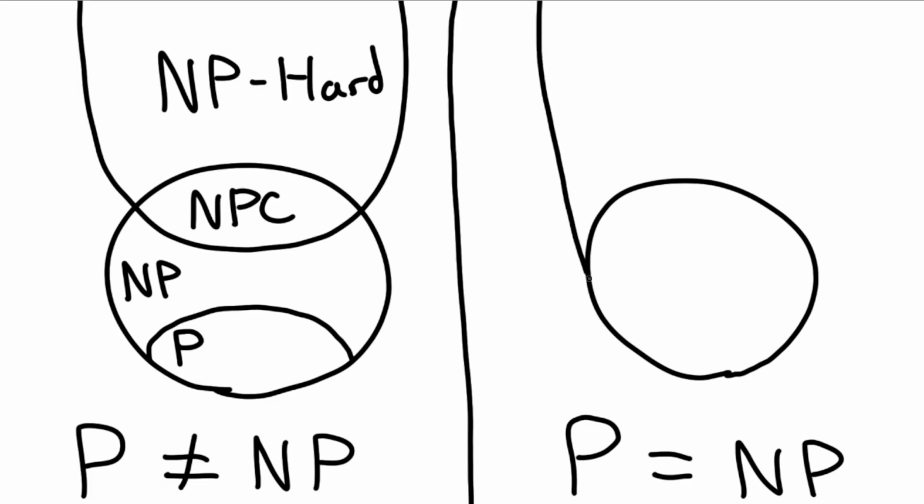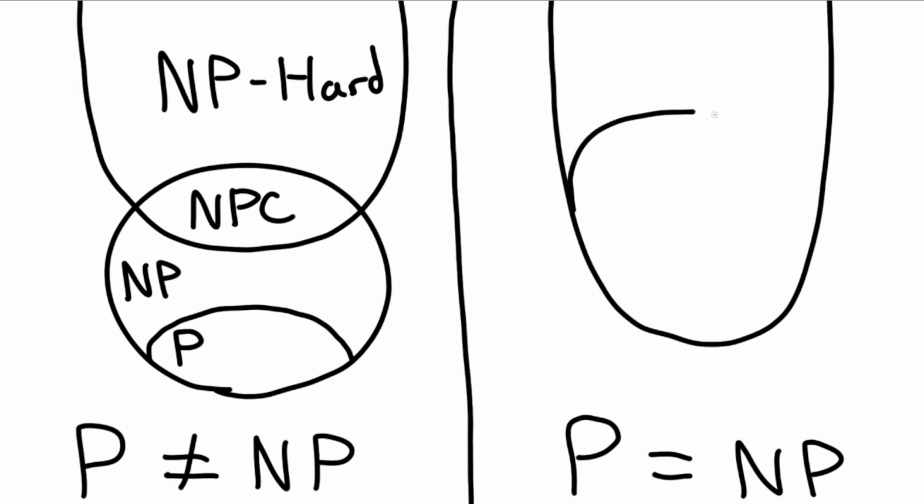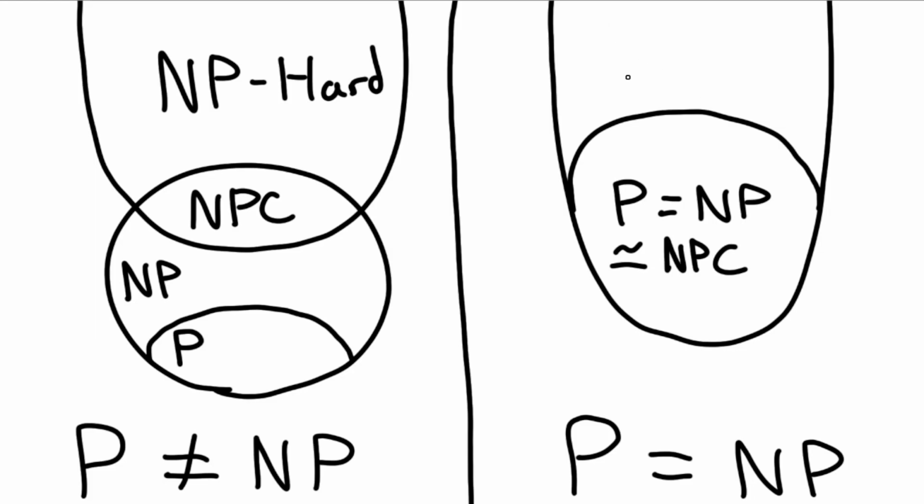So P equals NP, and NPC, and then we have NP hard there. So this is how it would look if P did equal NP.